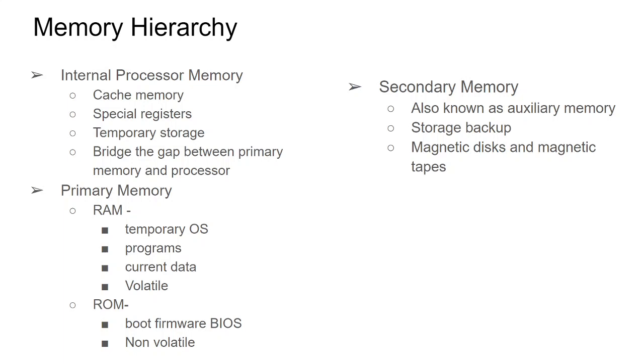Initially, when the system is just turned on, your CPU must take control of the whole system. For that you need an operating system, which will be loaded from ROM and stored in the RAM as a temporary OS. So that is the boot firmware BIOS.